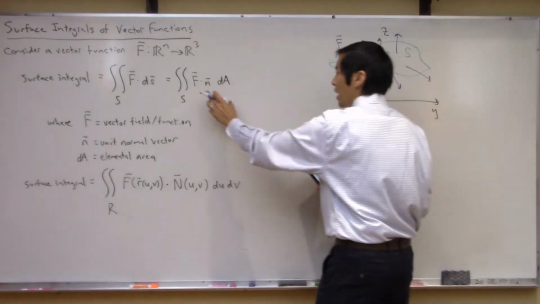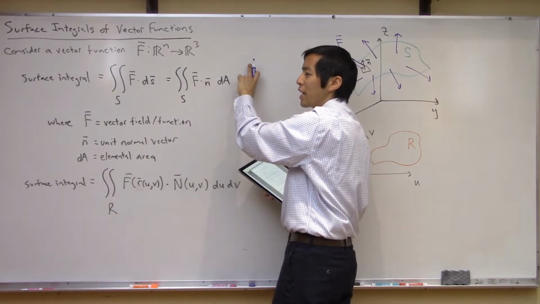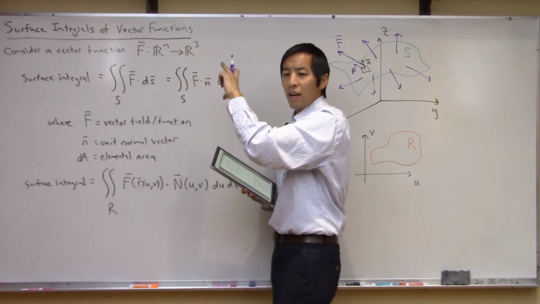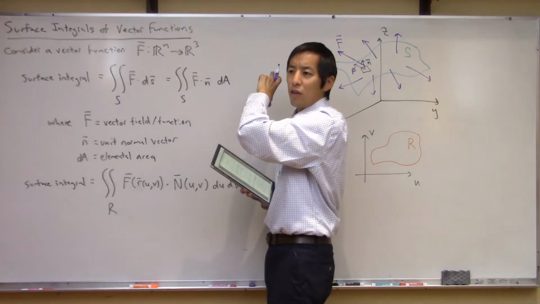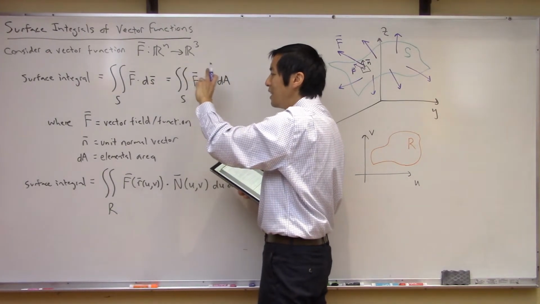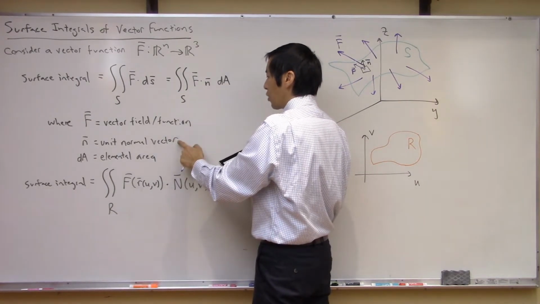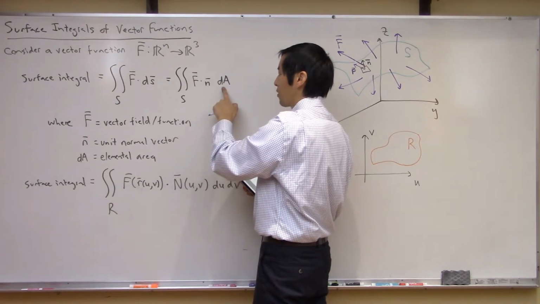That's the conceptual idea of a surface integral. We're trying to capture the flux of this vector field going through the surface S. And this is the nice idea of how to calculate it: you take the vector function dotted with a unit normal vector and multiply by some elemental area.